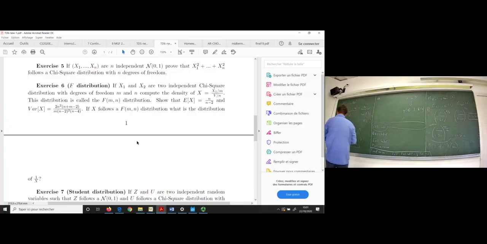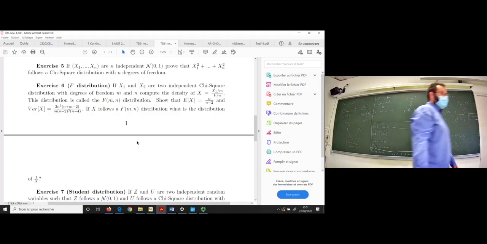When I say X1, ..., Xn plus 1 are independent, it implies in particular that (X1, ..., Xn) is independent of Xn plus 1, considered as a random variable. And then, what is the sum of the n first squares?